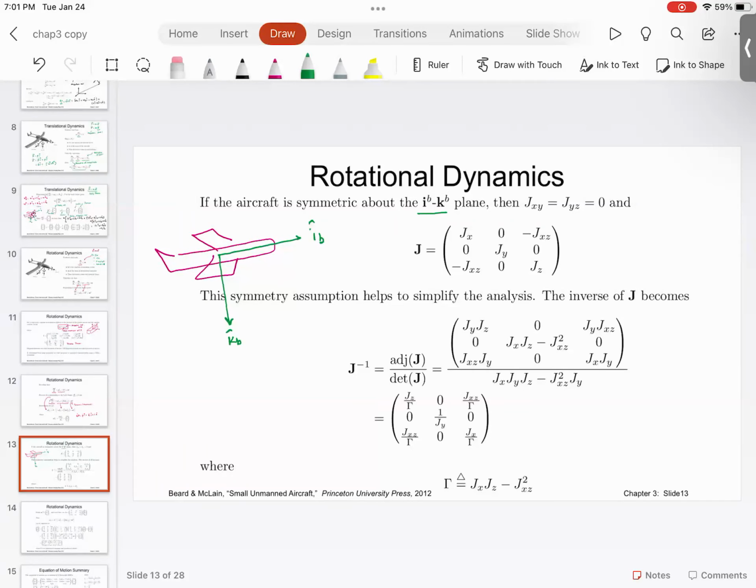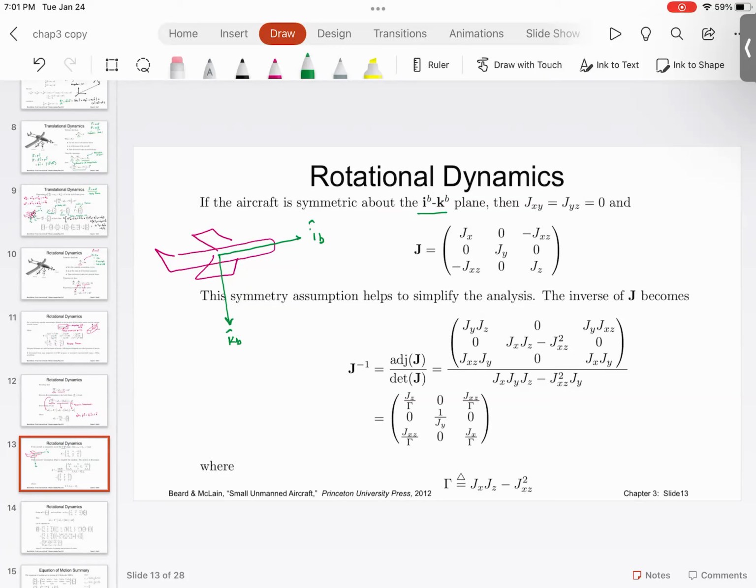And the reason I'm saying this is no matter what type of aircraft it is, you will follow the exact same pattern, the exact same equation. The only thing that will change is that this inertia tensor will be different for each aircraft.